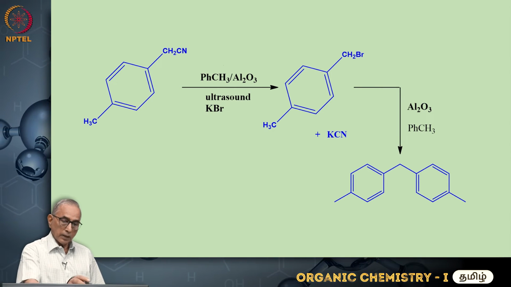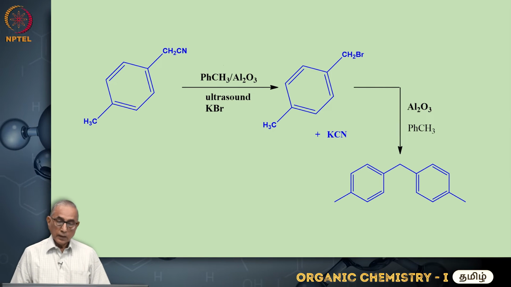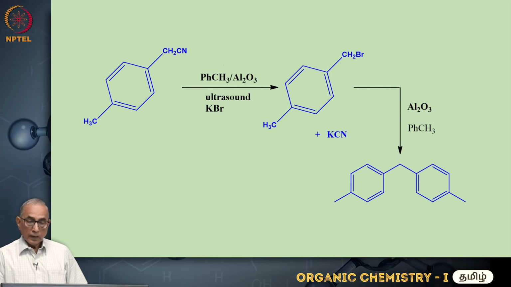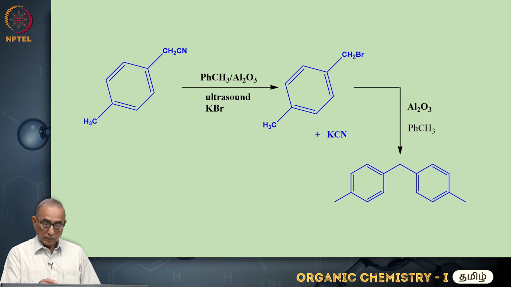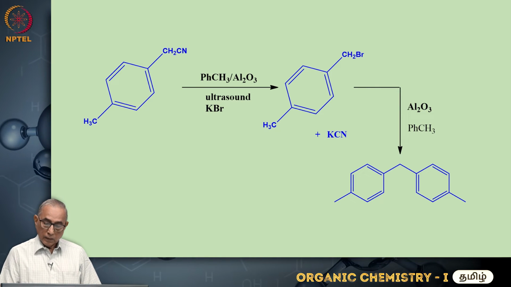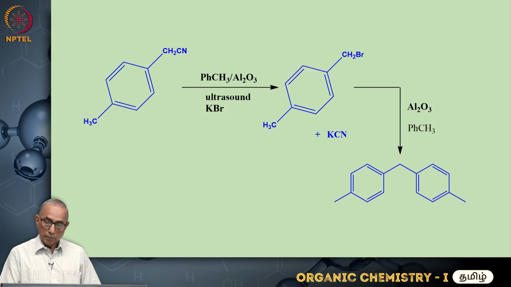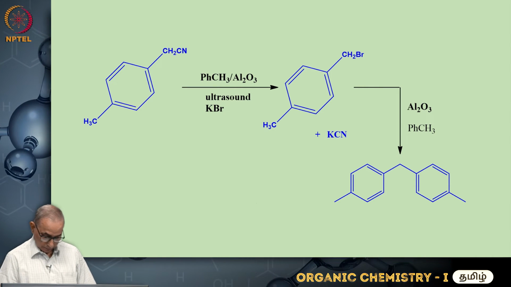If you have bromine here, it will become cyanide, but this is taking place in the reverse in the presence of ultrasound. And if you reacted with the aluminum catalyst, these two molecules get together, form this biphenyl type of molecule.